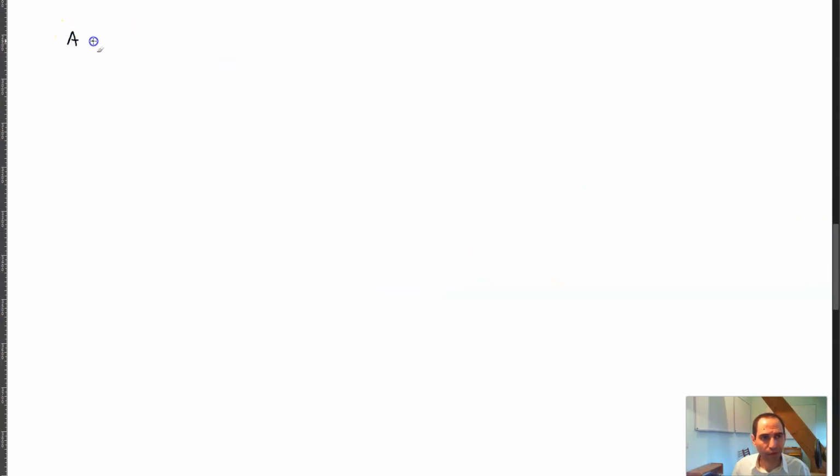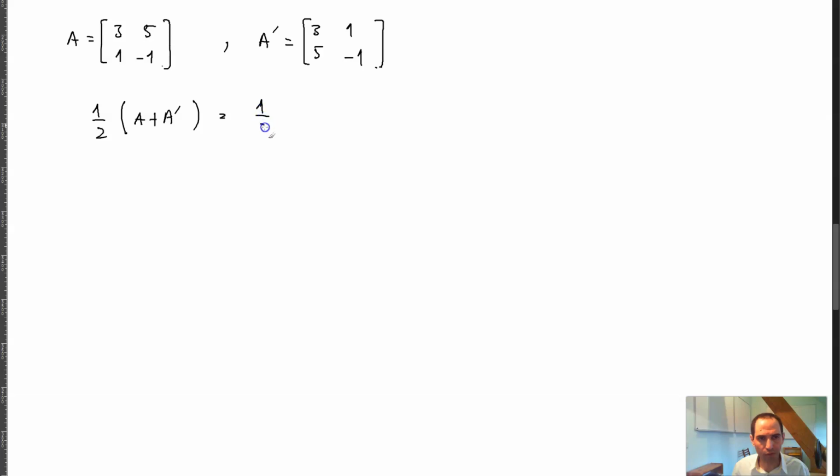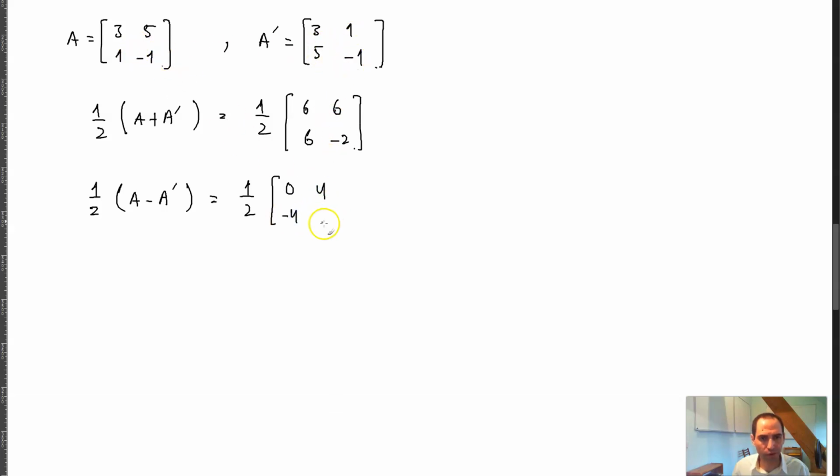So if I have, for example, A as 3, 5, 1, -1, then A prime would be equal to 3, 1, 5 and -1, and therefore 1/2 of A plus A prime would be equal to 1/2 of the sum of these two matrices, which is 6, 6, 6 and -2, and 1/2 of A minus A prime: 3 minus 3 is equal to 0, 5 minus 1 is equal to 4, 1 minus 5 is equal to -4, and -1 plus 1 is equal to 0.